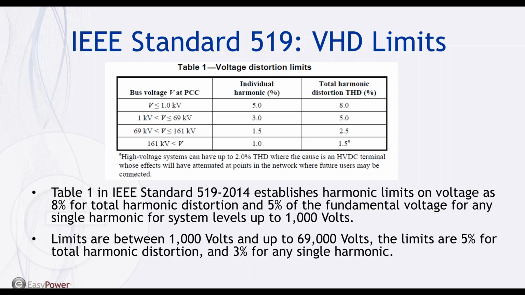And on this table, you can see the limits for system levels between 1,000 volts and up to 69,000 volts have harmonic limits on voltage as 5% for total harmonic distortion and 3% of the fundamental voltage for any individual harmonic. You'll also notice it shows limits for voltage levels up to 161,000 volts.